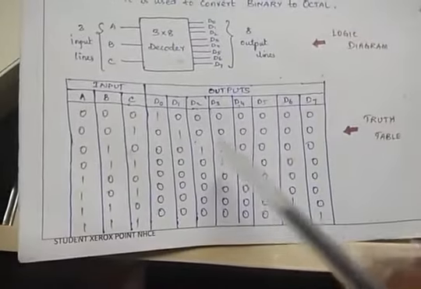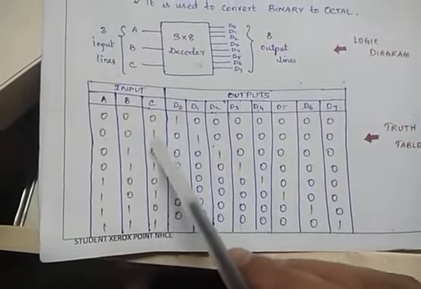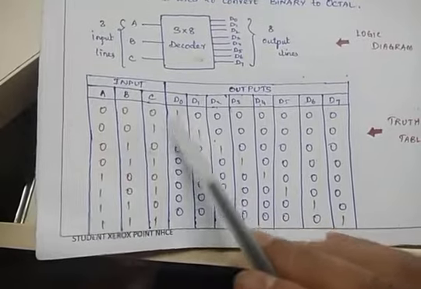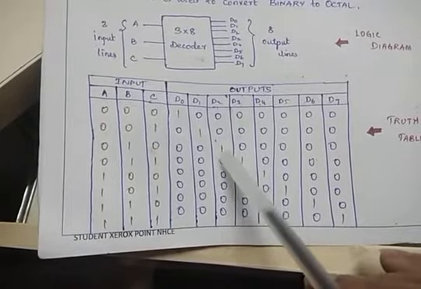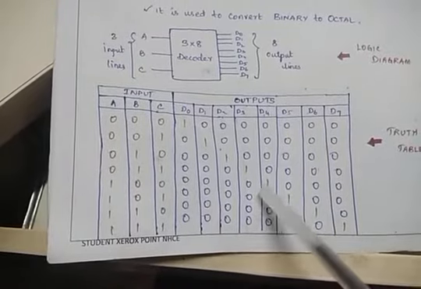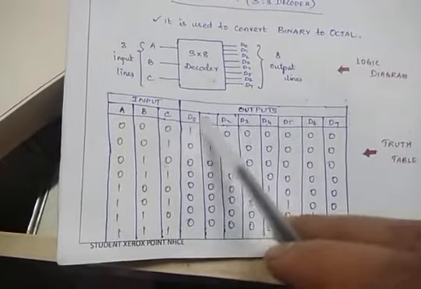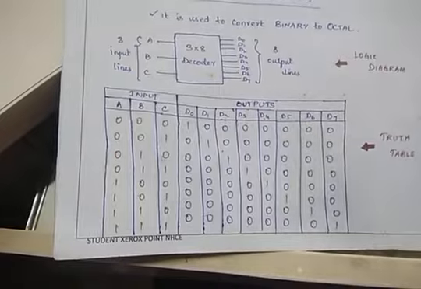So we'll see in the truth table how we get those 8 values. 0, 0, 0 means D0 will be enabled. 0, 0, 1 means D1 will be enabled. 0, 1, 0 means D2 will be enabled. 0, 1, 1 means D3 will be enabled. 1, 0, 0 means D4 will be enabled. 1, 0, 1 means D5 enabled. 1, 1, 0 D6. 1, 1, 1 D7. Right? These are the binary values and these are the octal notations, D0, D1, D2, D3, D4, D5, D6, D7.